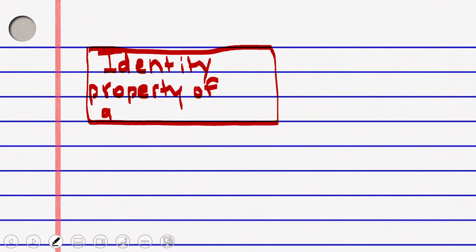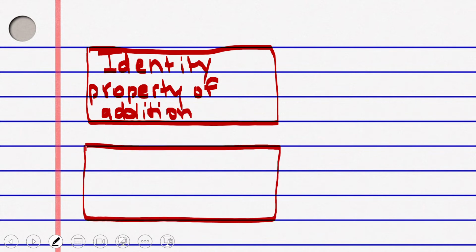Okay, the identity property of addition. Think about identity, if something retains its identity, it's the same. So what do we do in addition for a number to retain its identity? We add 0 to it.